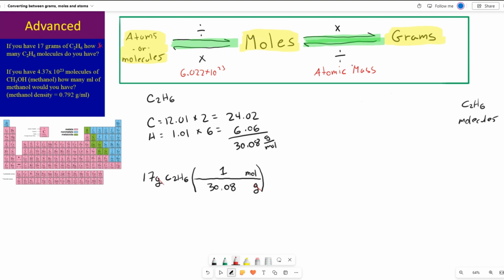Grams and grams cancel out, and what we're going to be doing here then is dividing the 17 grams by the atomic mass. And look, as it says, to go to moles, you take the grams and you divide it by the atomic mass. So that does hold true. So if we take 17 times 1 and then divide it by 30.08, we get 0.565 moles.